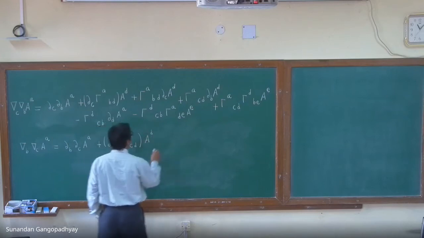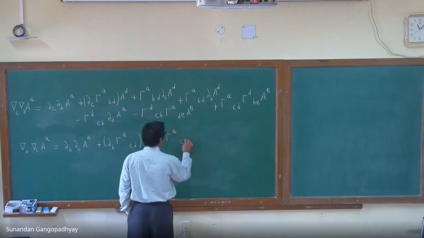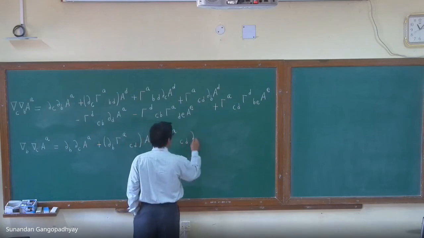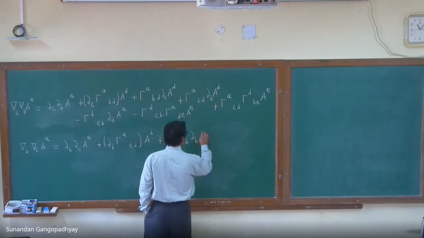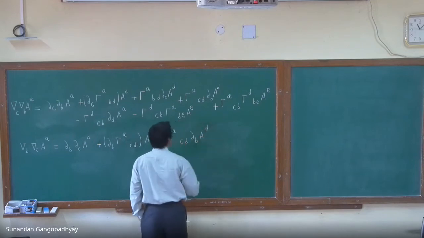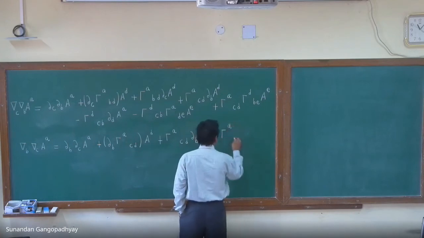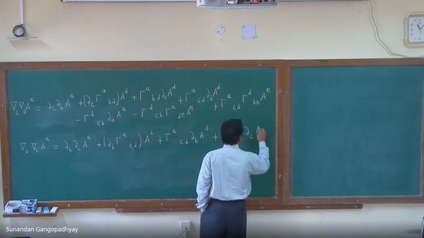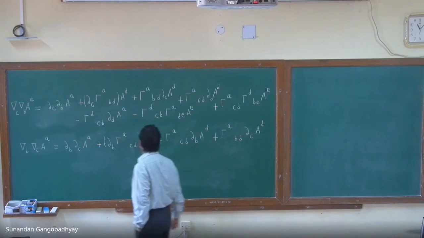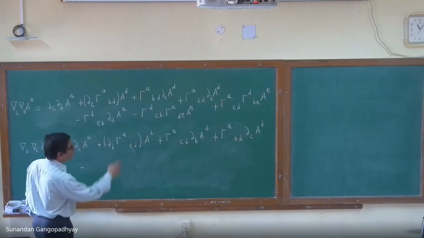Then C, comma A C B plus gamma A C B, then B plus B B minus. Please check whether I have done it correctly.